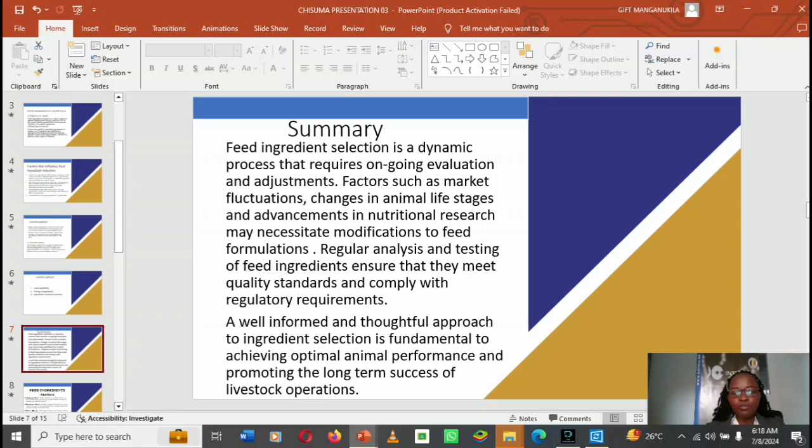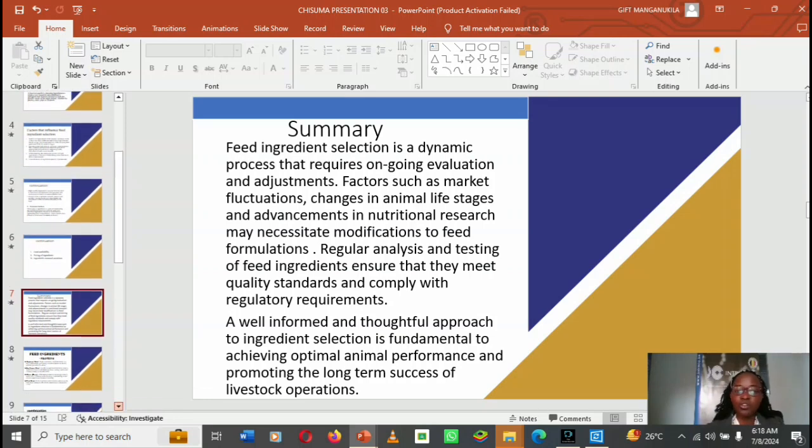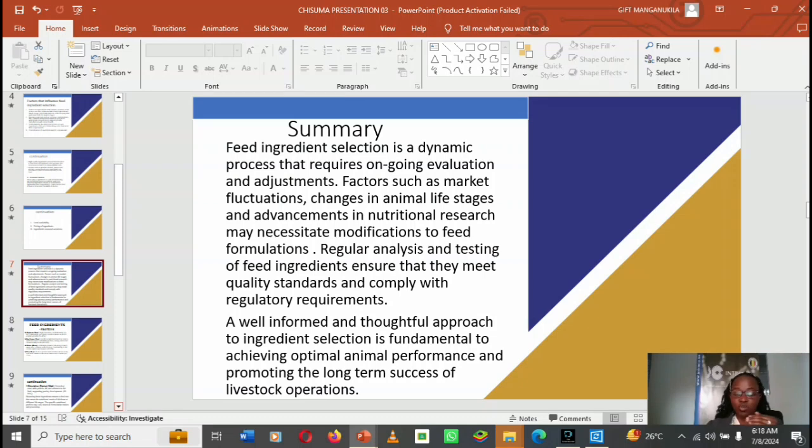A well-informed and thoughtful approach to ingredient selection is fundamental to achieving optimal animal performance and promoting the long-term success of livestock operations. So we need to go through this particular statement. It's going to really give us a lot of understanding.